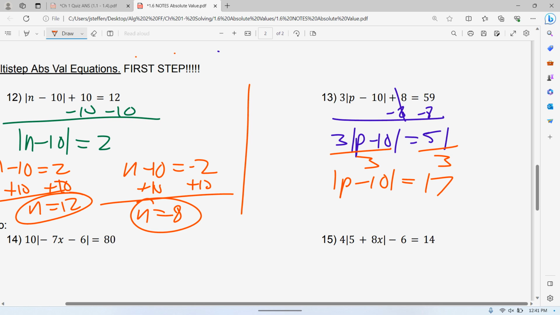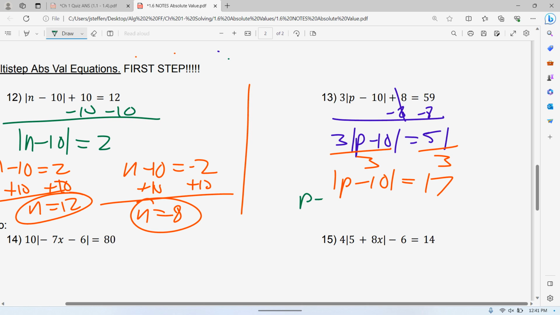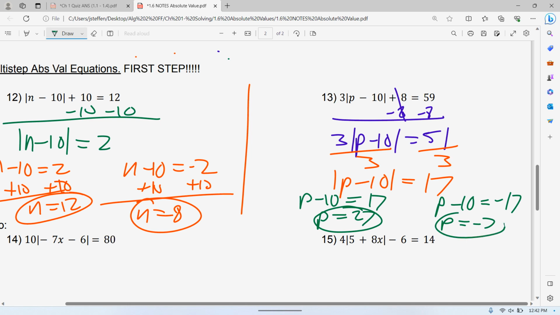And now the absolute value is all by itself, so now is where you can split that up. So I have p minus 10 is equal to positive 17, and p minus 10 is equal to negative 17. Add 10 to both sides, we get 27 on the bottom. Add 10 to both sides on this one, you get negative 7. Sorry I didn't have enough room to show you that work, but you're just adding 10 to both sides on both of those. Use your calculator if you need to.